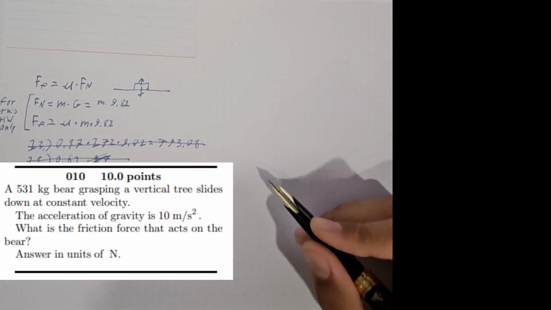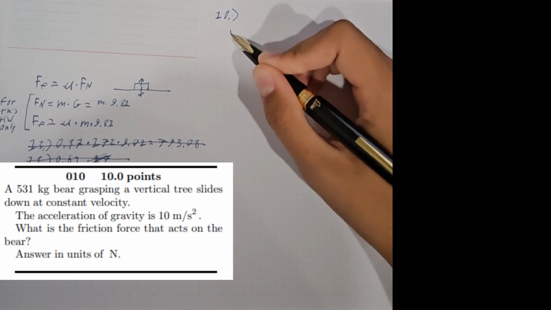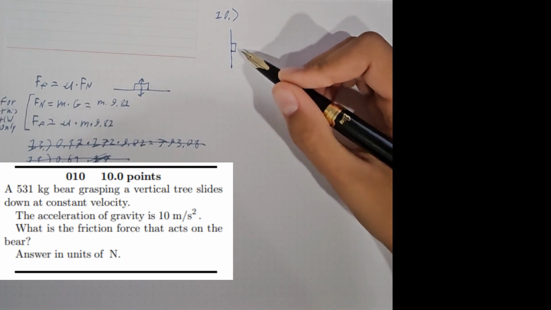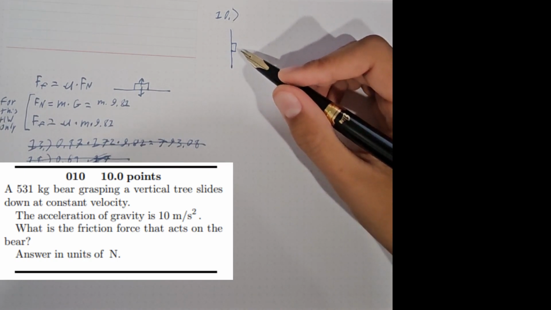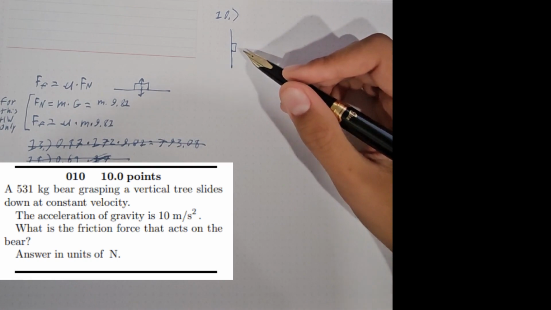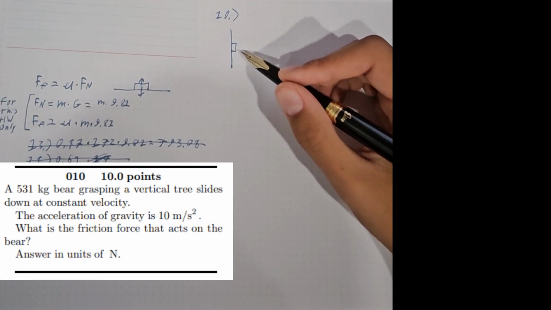Okay, next I'll do the question about the bear, which is question 10. So here's my tree trunk, and this is the bear sliding down the tree trunk. The question says that the bear is going at a constant speed, which means that he's not accelerating, or she. Given the bear's not accelerating, that means that the net forces are going to be 0.